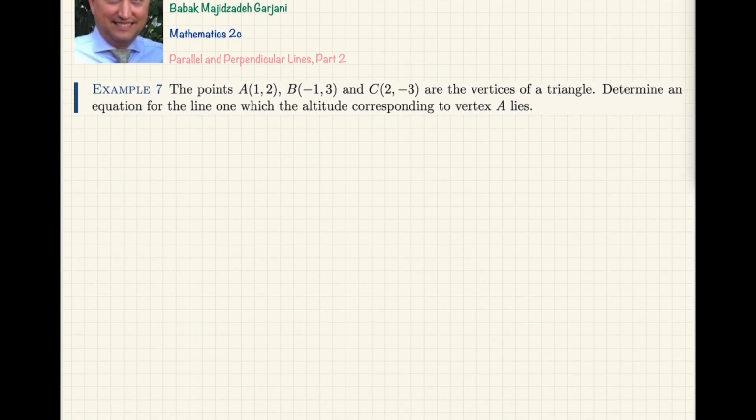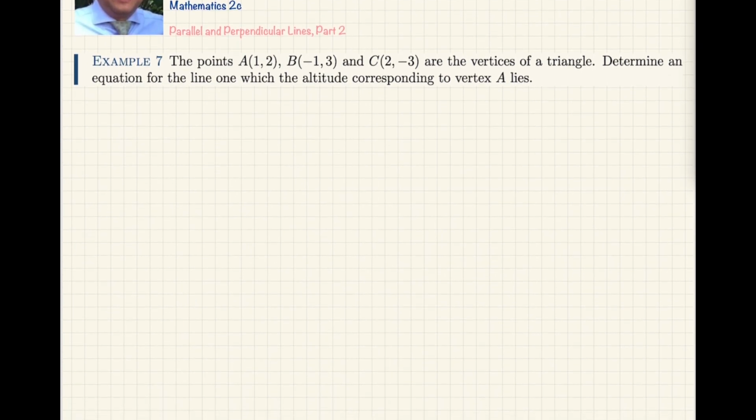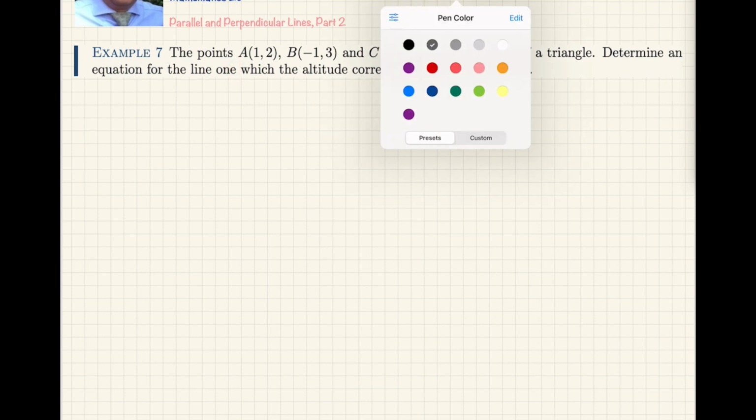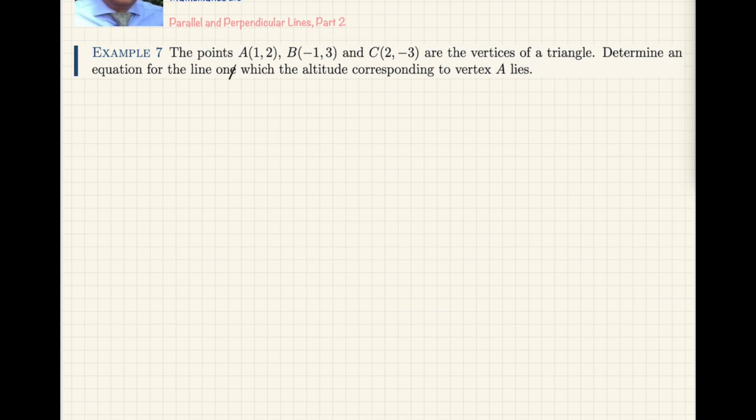So this is also something I want you to think a little bit about, and then I will come to you, okay? So let me just read the problem for you. The points A with these coordinates, B and C are the vertices of a triangle ABC. Determine an equation for the line on which the altitude corresponding to vertex A lies.